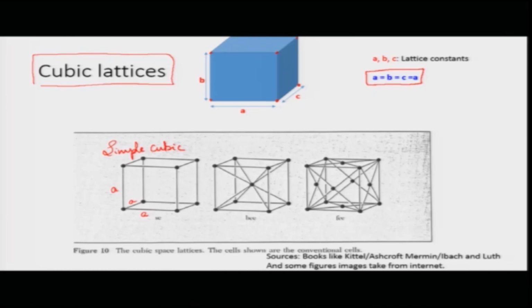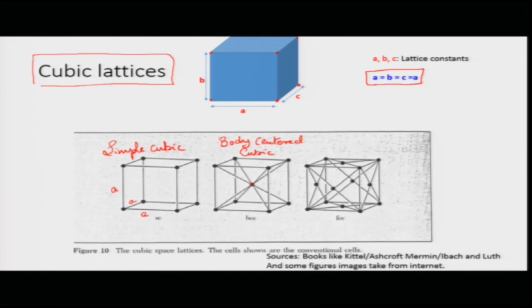A variant of this simple cubic structure is the body centered cubic structure, where the lattice points are organized at the corners of the cube, but there is one extra point sitting at the center of the cube. This also remains invariant under certain symmetry operations.